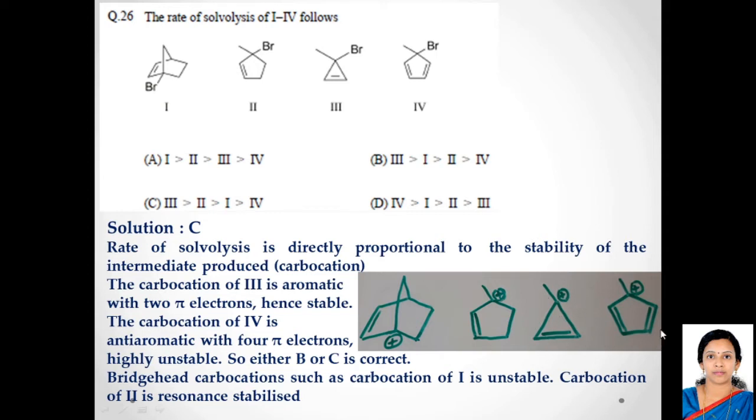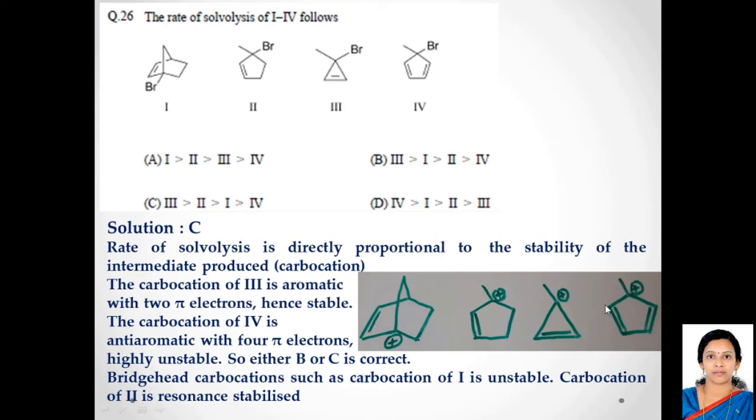And if you look at compound 4, the carbocation generated from compound 4 is actually an anti-aromatic system. Here also we have a cyclic planar system. We have 5 carbon atoms on a plane, almost a plane. This carbocation carbon is sp2 hybridized, and all these carbons are sp2 hybridized, and it has 4 pi electrons.